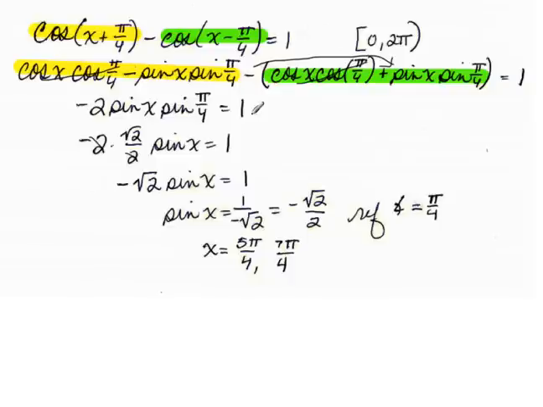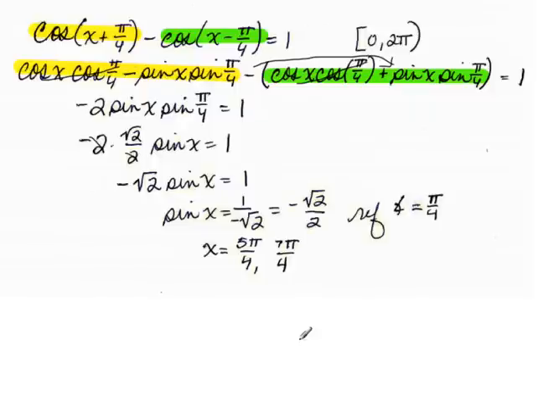And again, that's still equal to 1. And sine of pi over 4 is square root of 2 over 2. And then my 2's cancel. And I'm left with negative the square root of 2 sine of x equals 1. Divide both sides by negative square root of 2. And then I rationalize. So sine of x is equal to negative square root of 2 over 2.